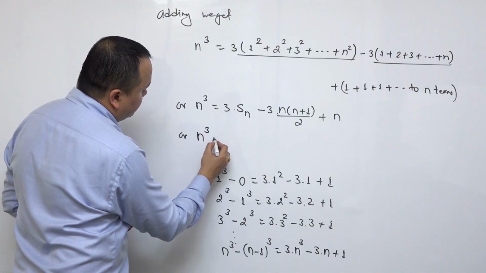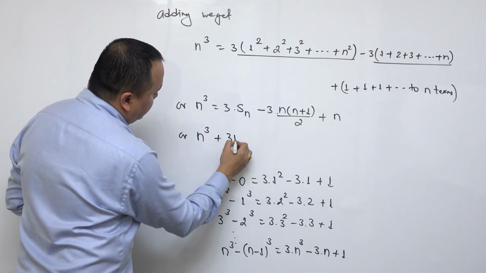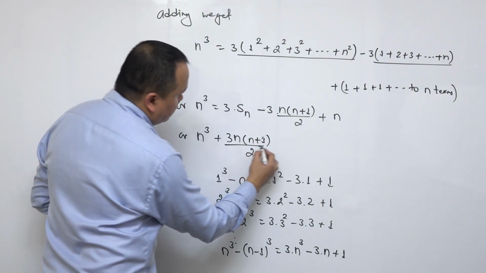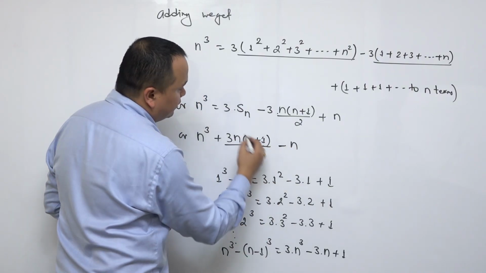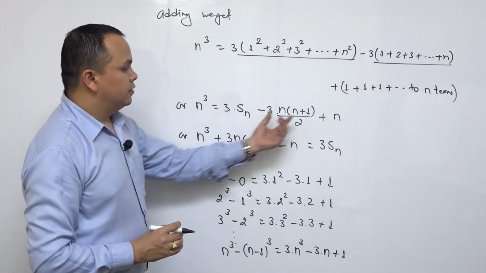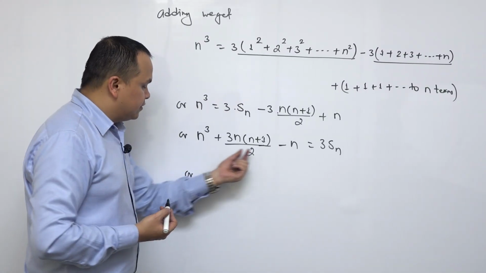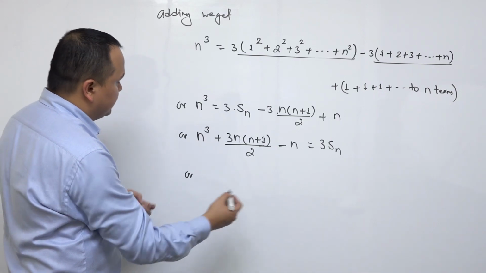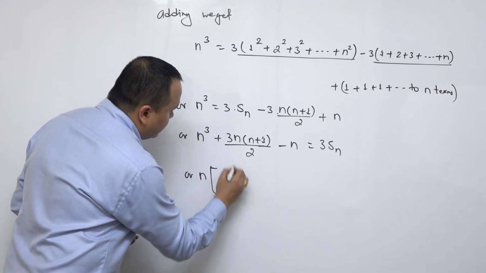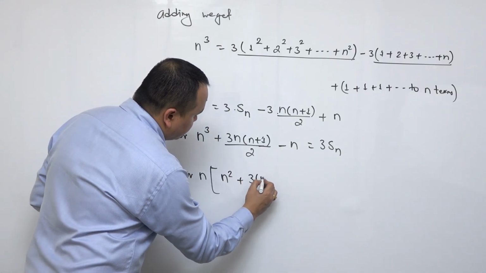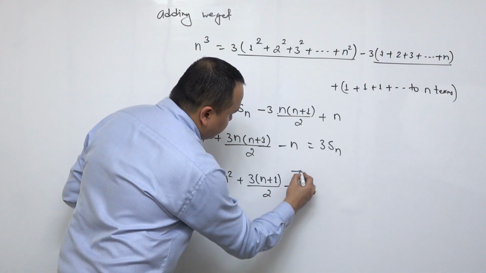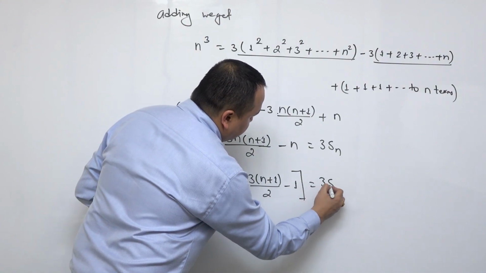n cube plus 3n times n plus 1 divided by 2 minus n is equal to 3Sn. Bring everything to this side. Here n is common, then n square plus 3 times n plus 1 divided by 2 minus 1 is equal to 3Sn.